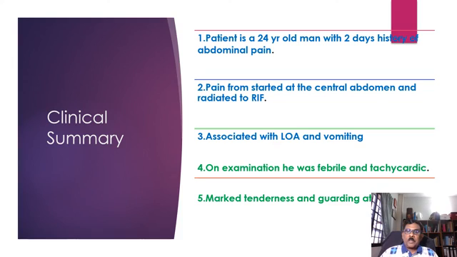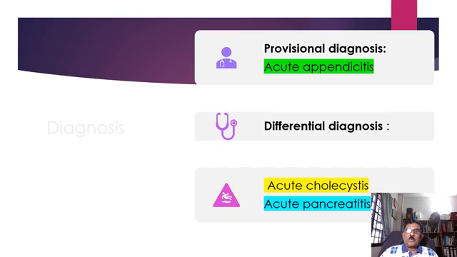And on examination, he was febrile and tachycardic with marked tenderness localized at the right iliac fossa. So that leaves a provisional diagnosis of acute appendicitis, with the differential diagnoses of acute cholecystitis and acute pancreatitis, which are rather unlikely compared to acute appendicitis based on the location of the pain and tenderness.